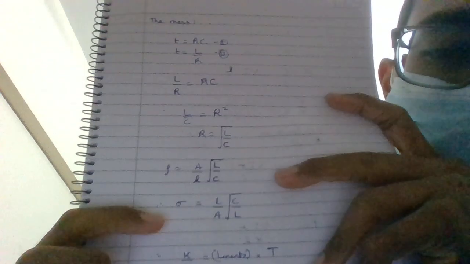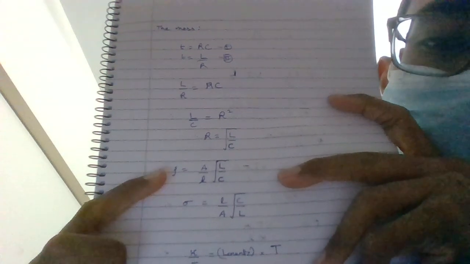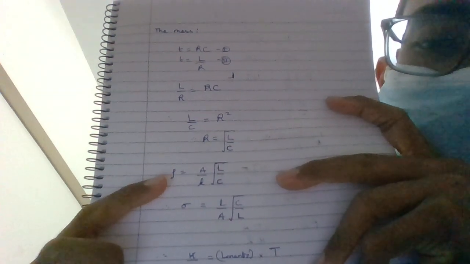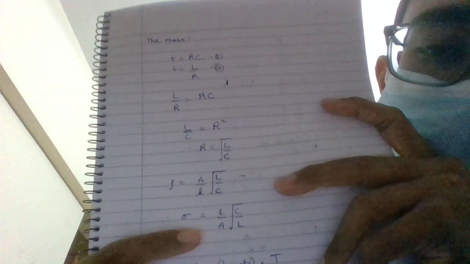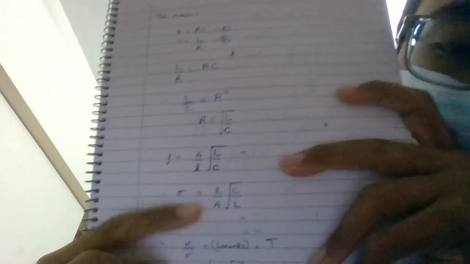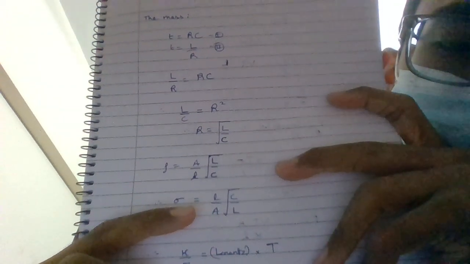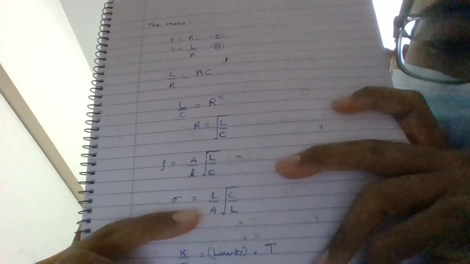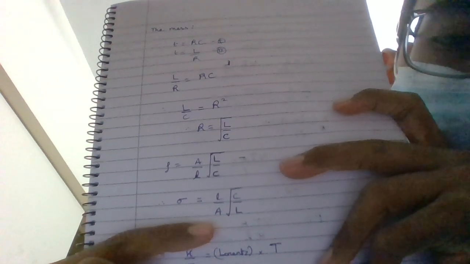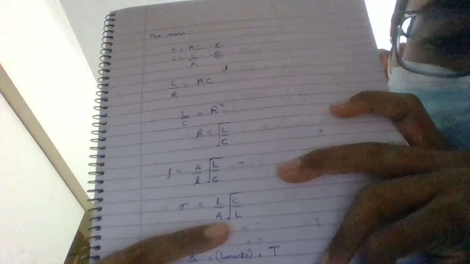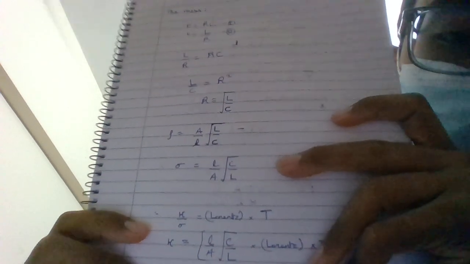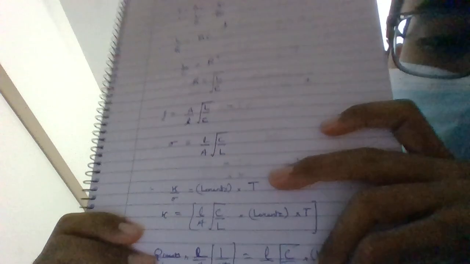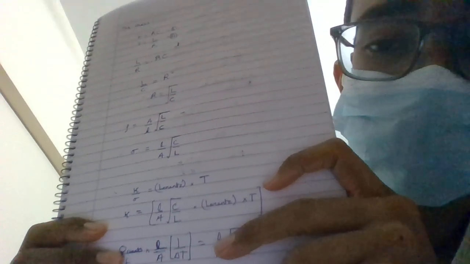Then if you want to find the reciprocal of specific resistance, you'll have specific conductance. Now here you'll get l upon A times the root of C upon inductance. Again, I'm going to say some of their names out because I really don't want to make the symbols confusing. The math is already confusing, that's for sure.